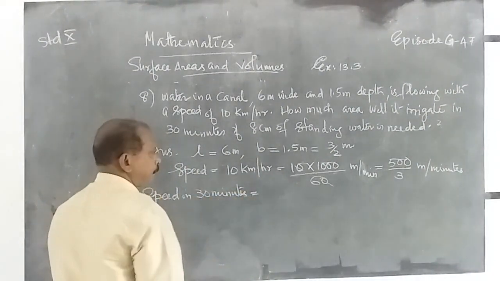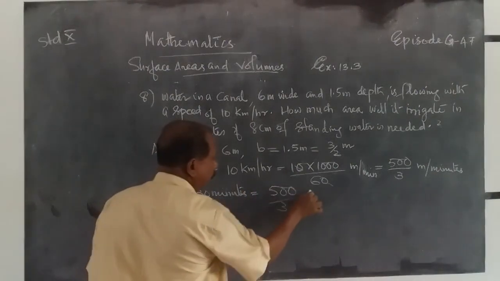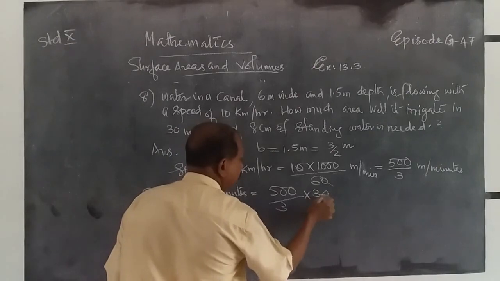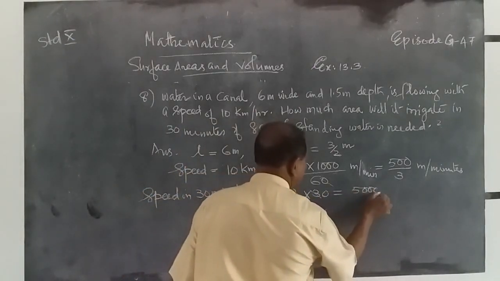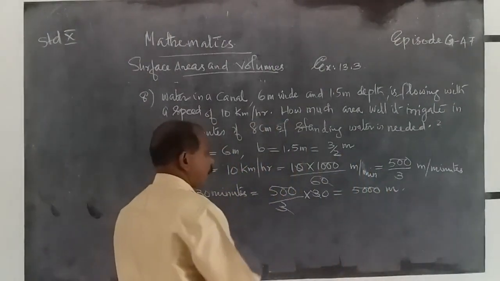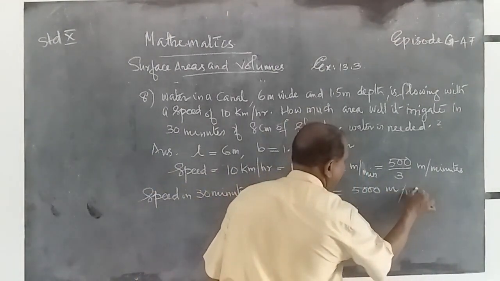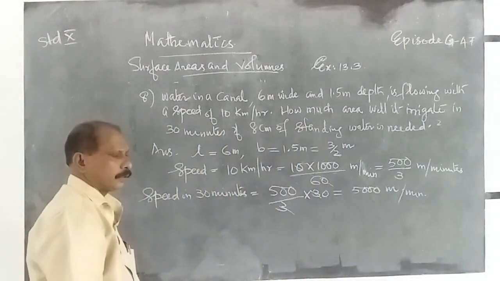That is equal to 500 by 3 into 30. 3 cancels, and it is 5000 meter per minute. Therefore this is the distance.